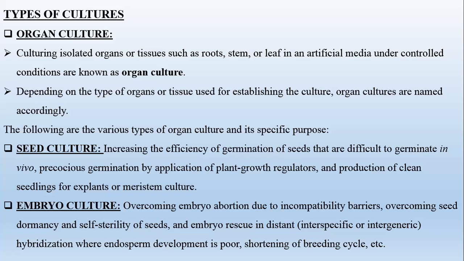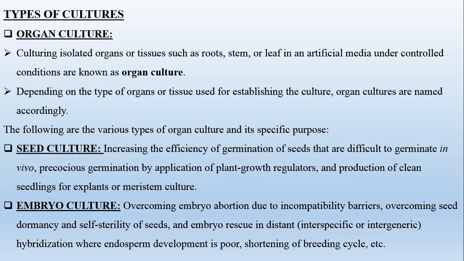Types of culture: organ culture, culturing isolated organs or tissues such as root, stem, or leaf in an artificial medium under controlled conditions, is known as organ culture. Depending on the type of organs or tissues used for establishing the culture, organ cultures are named accordingly, as we saw in our previous slide.